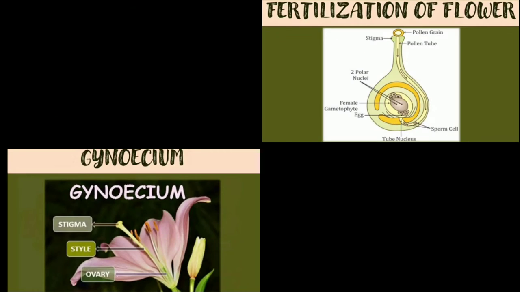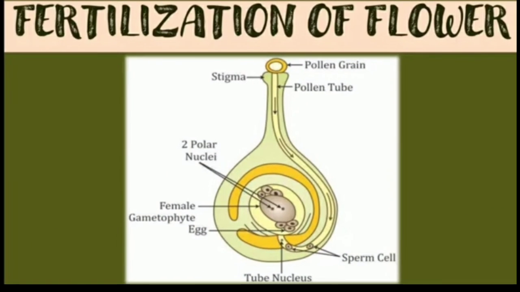Now let us learn the fertilization of a flower. If we take a vertical section of a hibiscus flower with the help of a sharp blade, by cutting the flower vertically from stigma to pedicel, both sections of the flower will be seen to have the same structure.